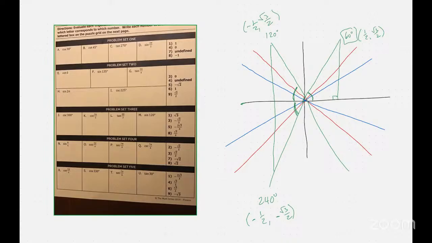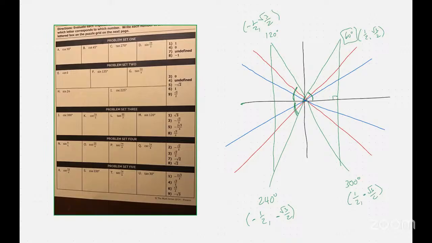And then the green, this one right here would be, again, same difference, except now you're going to add, it's -60, so it's 300 degrees, and it's positive x and negative y. So all those green triangles are the same, and the same can be said for the blue, except the blue one just gets flipped, right?